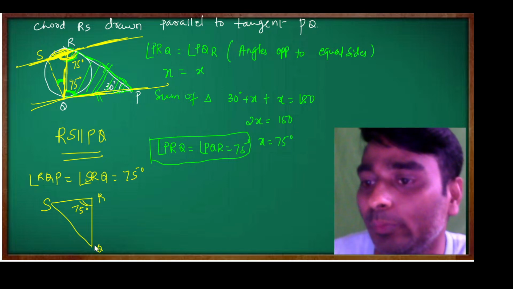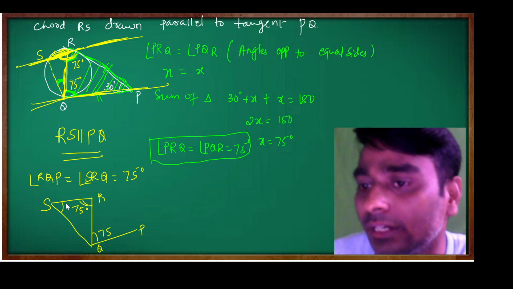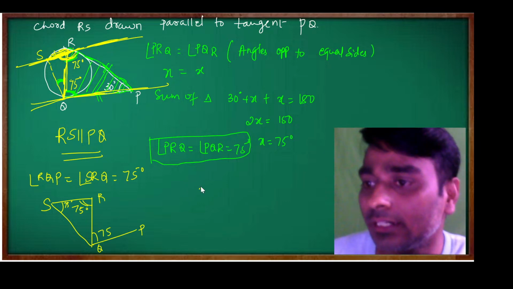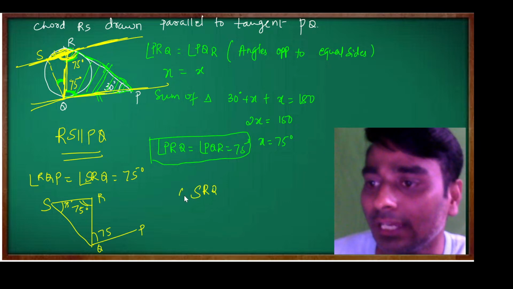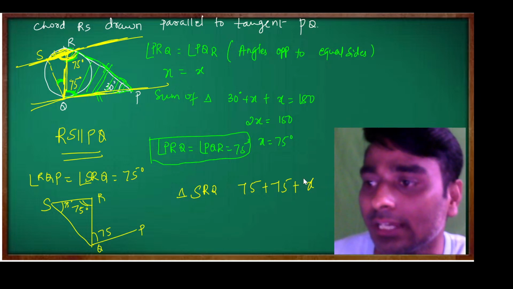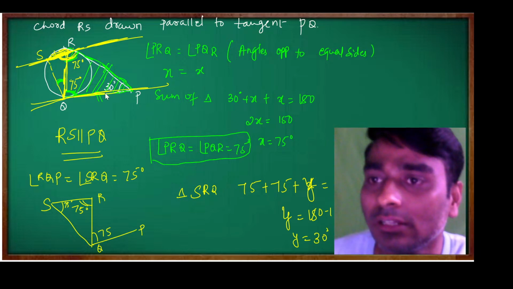Then RQP will also be 75 degree, since these are alternate angles. In triangle SRQ, the 3 angles are 75 plus 75 plus the third angle, take it as Y, equal to 180. So Y will be equal to 180 minus 150. So Y will be equal to 30 degree, which is your angle this.